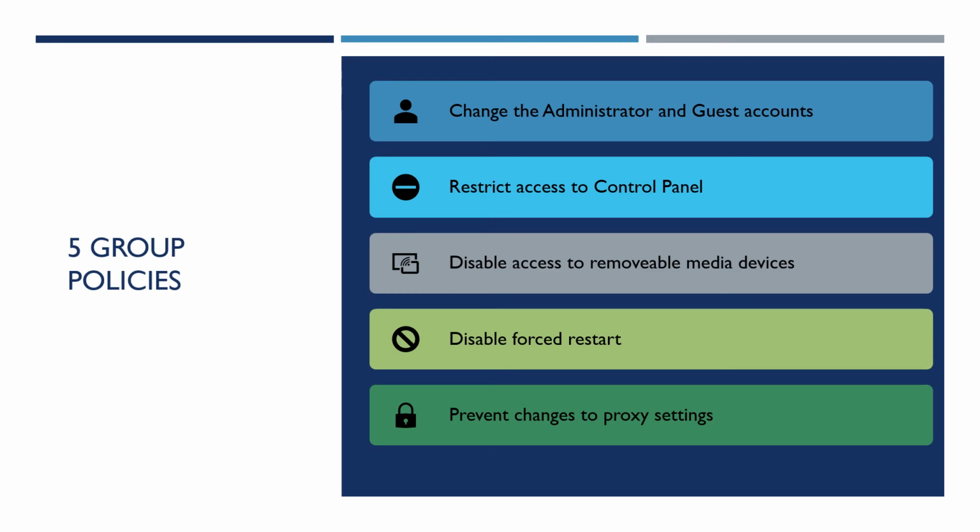Five group policies that I would put in place. The first group policy I would put in place is changing the name of the administrator account. Also, I would shut down the guest accounts to prevent unauthorized access to the network. The second policy I think is important is to restrict access to the control panel.